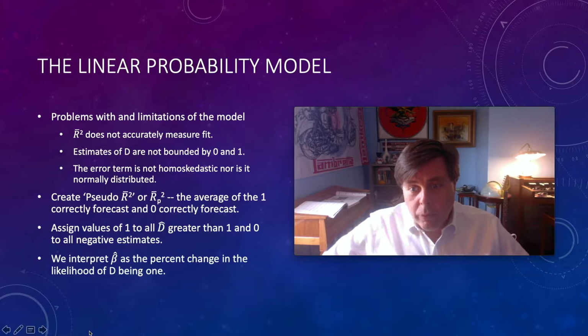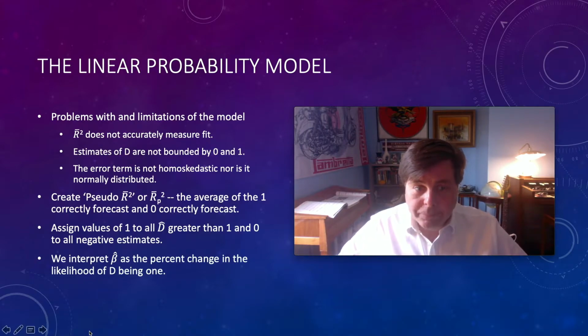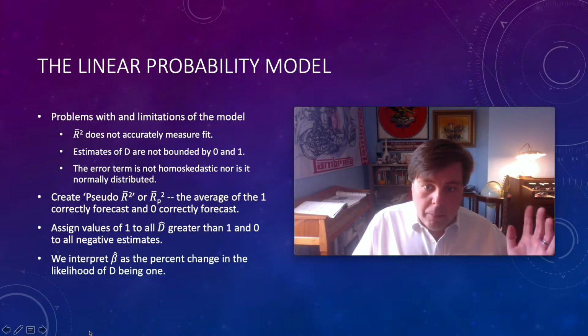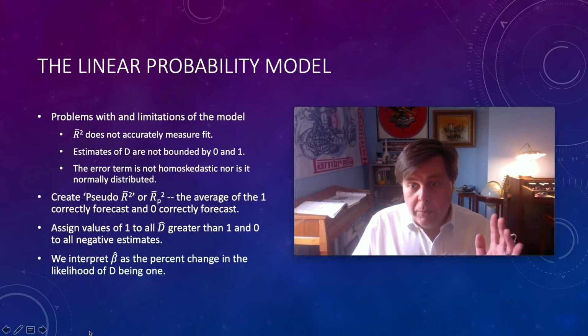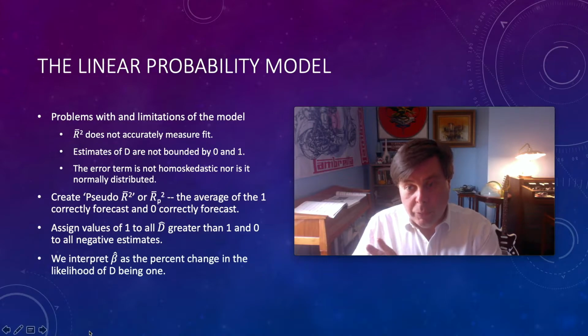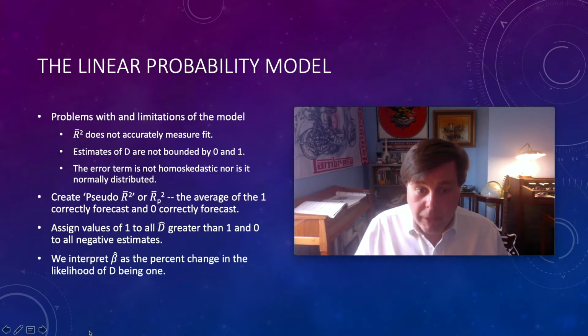Now, for some of these problems, there are remedies that we employ. The first of these is to create what's often referred to as a pseudo R-squared, which we're going to note like this from now on in our lecture. The number of ones that we correctly predict and the number of zeros that we correctly predict, the average of those two values is going to be our pseudo R-squared.